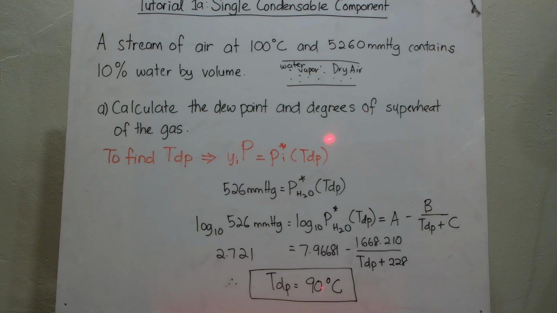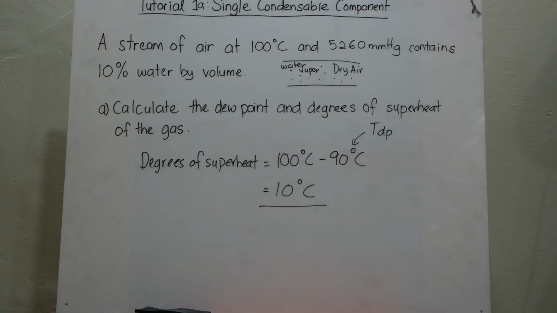Now let's proceed to how to find degrees of superheat. It's easy because we know the initial temperature of the system was 100 degrees C, and now we know it will become first water droplets at 90 degrees C. Degrees of superheat is the difference between the system temperature and the T dew point.